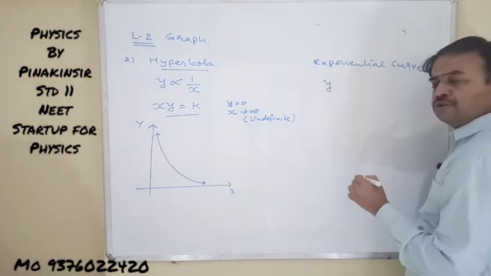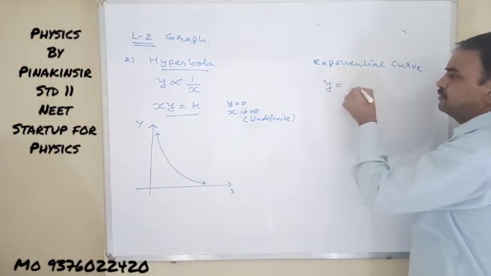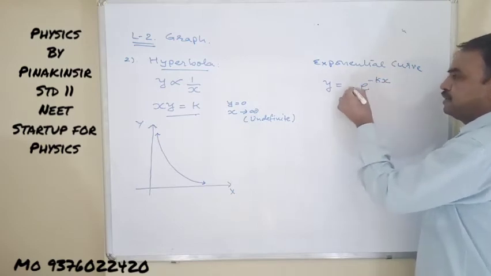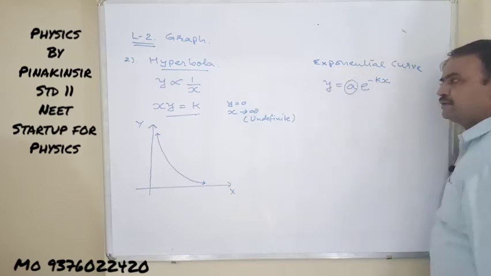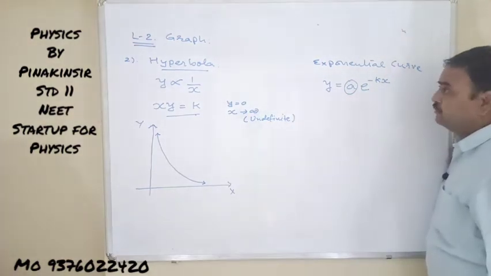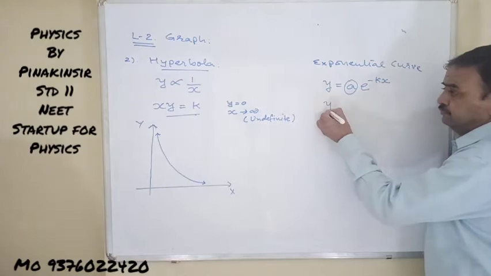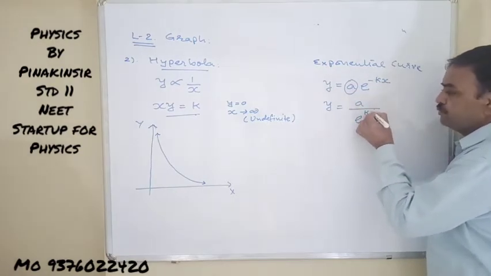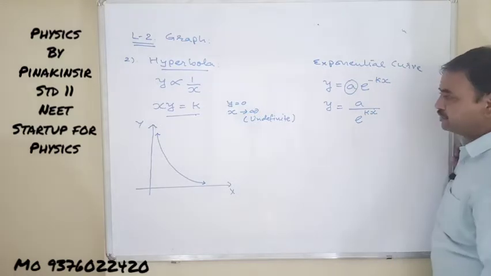The general formula is like this: y is equal to e raised to minus kx type. Some constant may be there. Such types of expressions are said to be exponential ones. We can write here a divided by e raised to positive kx in the denominator.